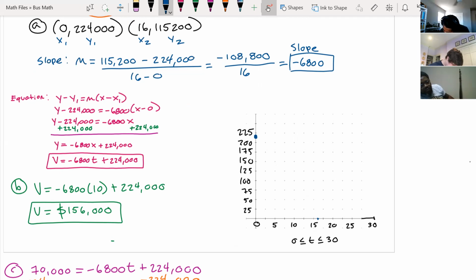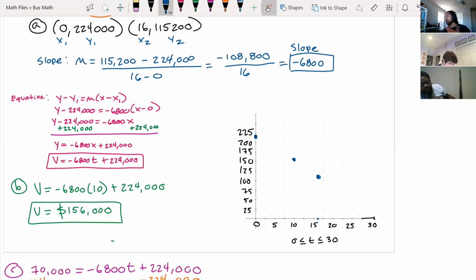So I'm going to put that right between 100 and 125. And then we have another point from question B. After 10 years, how much was the boat worth? 156,000. Good. So I'm going to put that point right above 150,000.